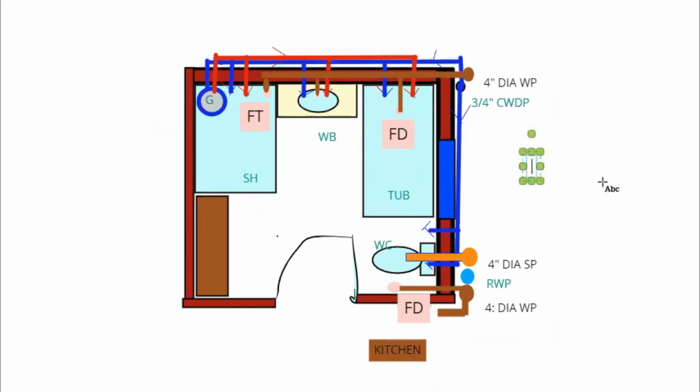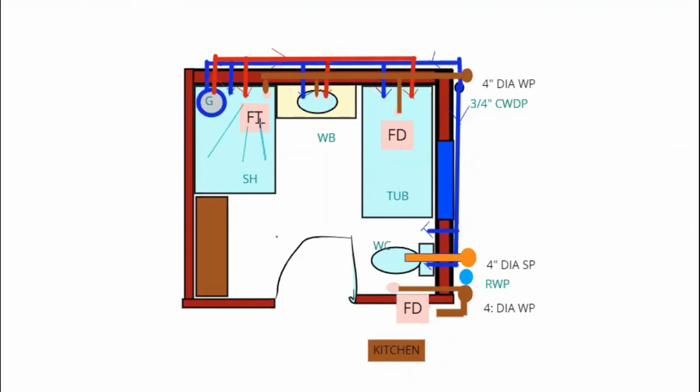So that is a complete diagram of a bathroom plumbing. Now you also have to include some slope. If the pipe is connected here, then you have to draw some slope like this, all going towards this floor trap.